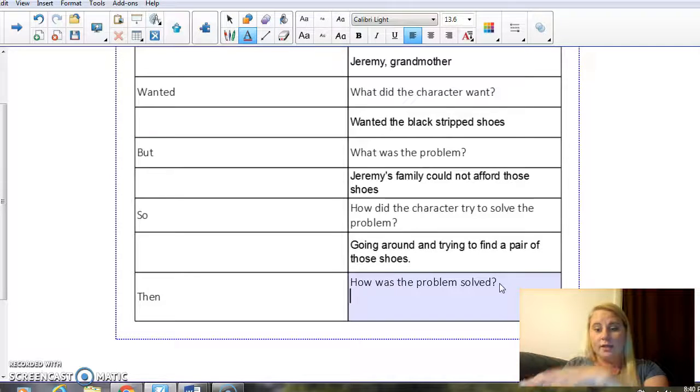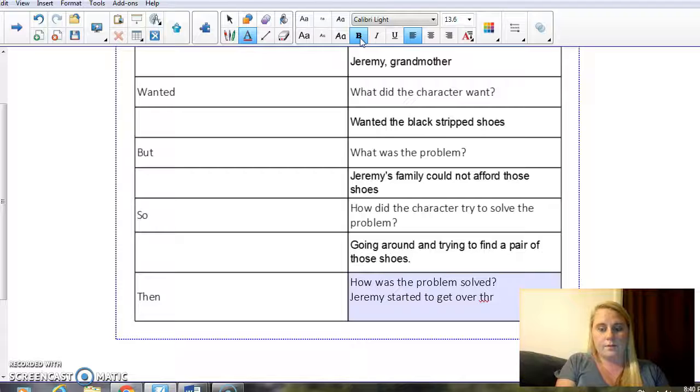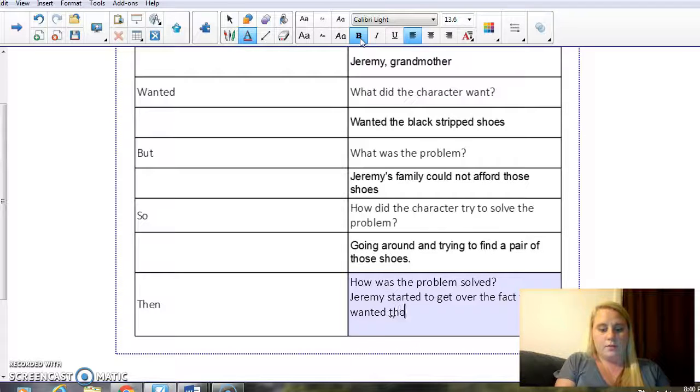And then the falling action was how the problem was solved, is they didn't fit. And Jeremy started to get over the fact that he wanted those shoes and realized really at this point that he needed to do something for somebody else.